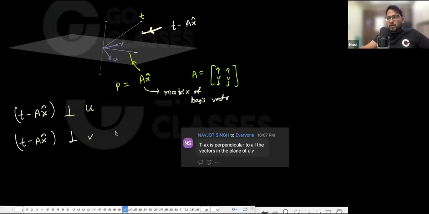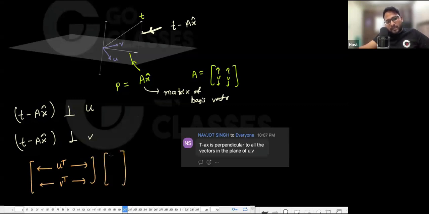So if this t minus x cap is a vector, you can say that the dot product of u and t minus x cap should be zero, right? So can I say that u transpose, okay, I'm just writing in the matrix format somehow. T minus x cap is one vector.